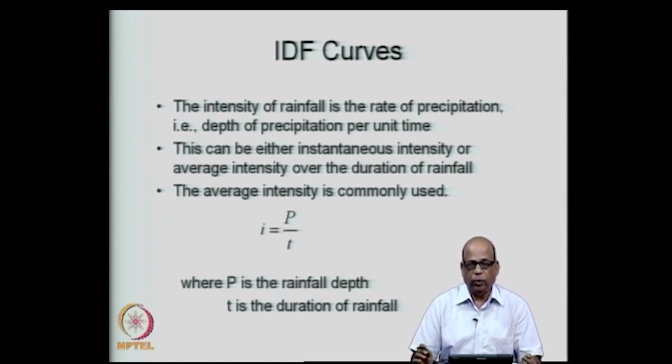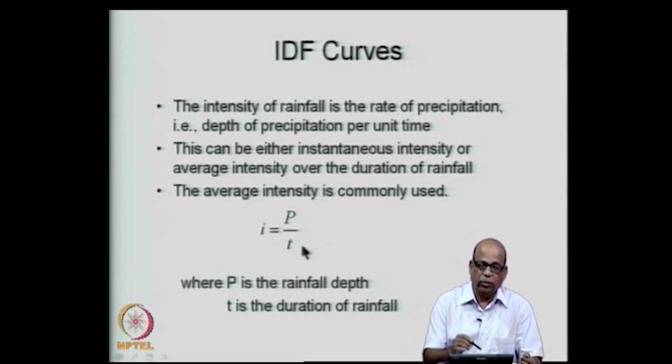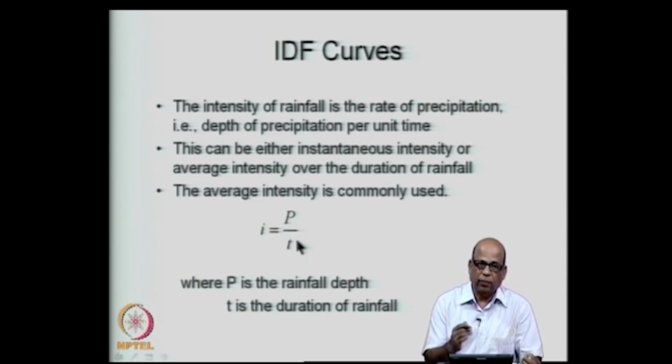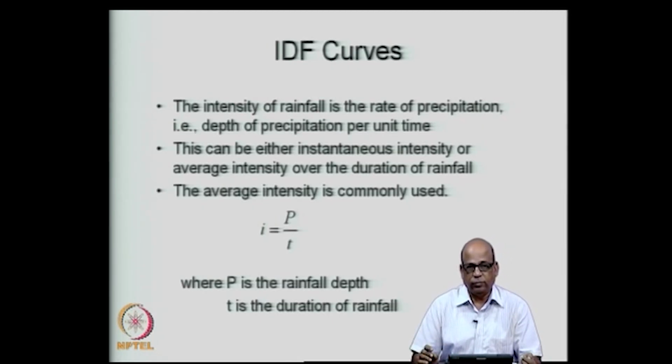However, this need not be true, but for IDF relationships we consider these, and typically the durations we consider are of the order of 1 hour, 2 hours and so on, up to 24 hours, and in fact, in some river basins etc., we go much beyond. But when we come to urban drainage or urban hydrologic designs, the durations of the time can be very small. For example, we may talk about 15-minute duration rainfall, half an hour duration rainfall and so on. Why is this so?